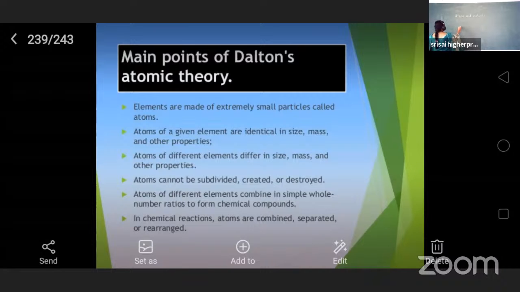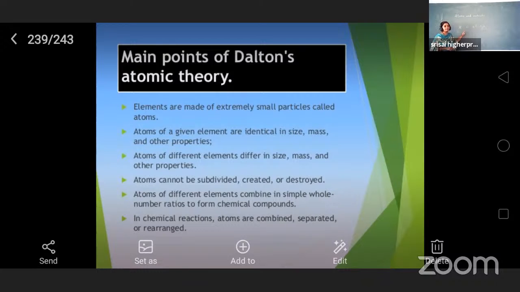Elements means hydrogen, oxygen, chlorine, sodium, potassium, whatever will come. These particles are called atoms. All these elements are made up of small particles called atoms.